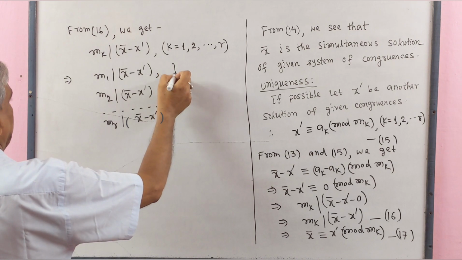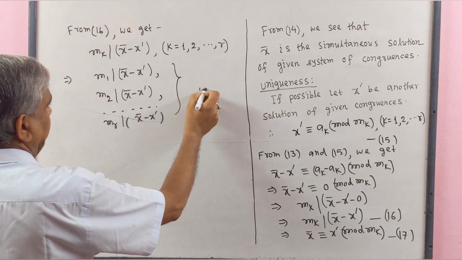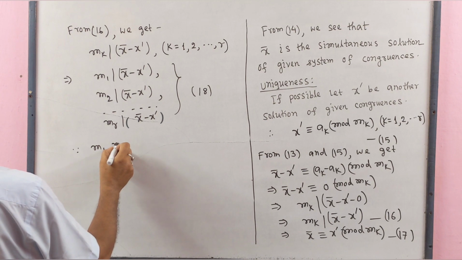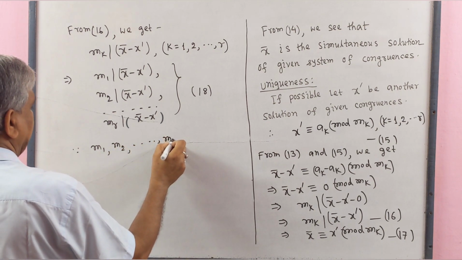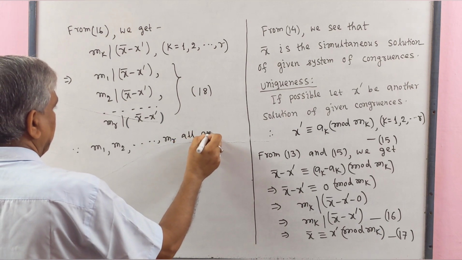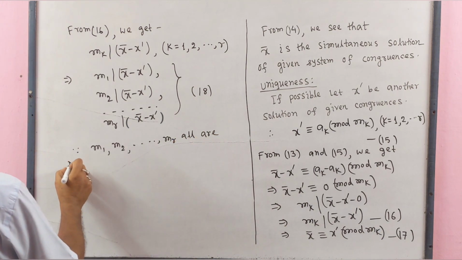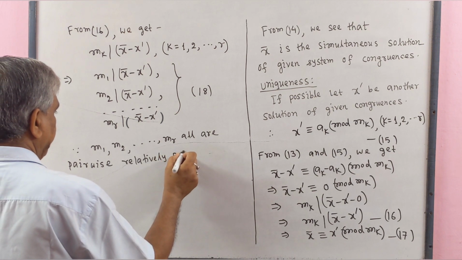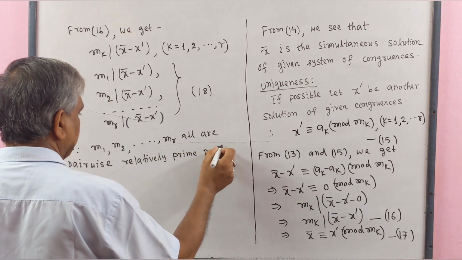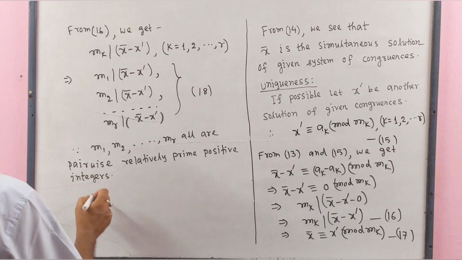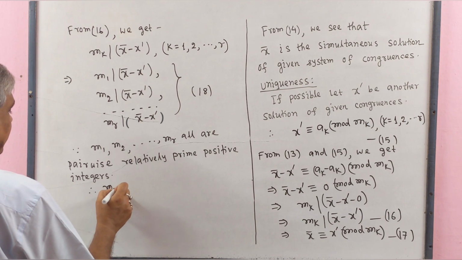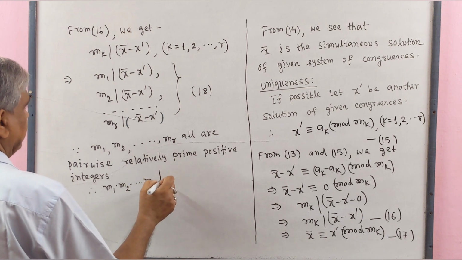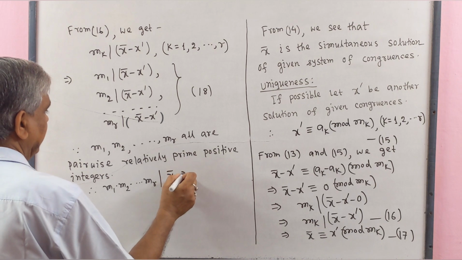Let these be 18. Since m1, m2, up to m_r are all pairwise relatively prime positive integers, therefore m1 multiply m2 multiply up to m_r divides x bar minus x prime.